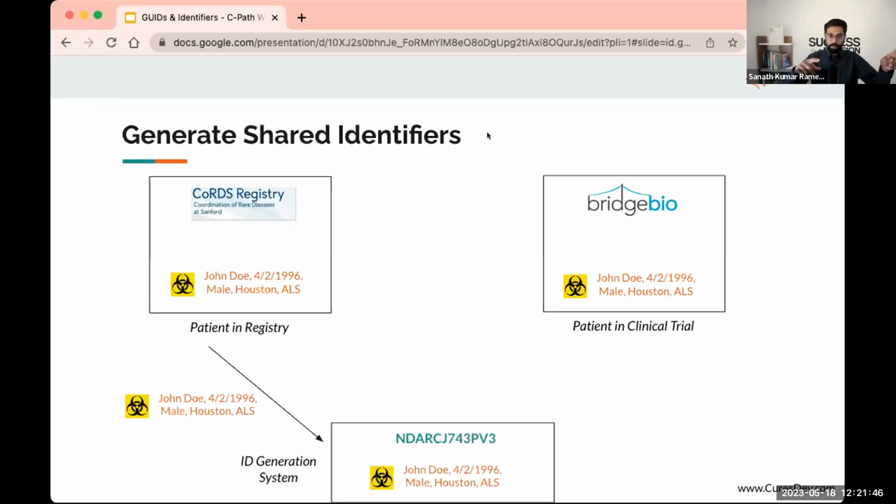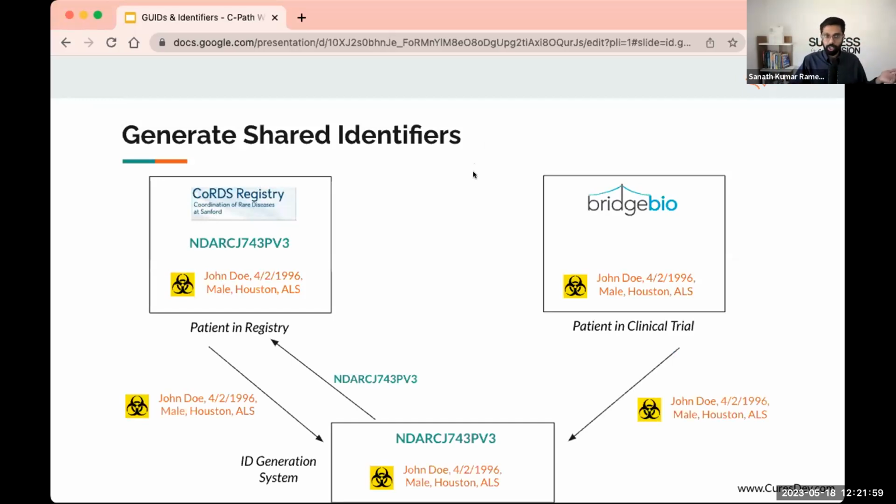The same patient gets the same ID, and that rule is enforced by the system, and it returns the ID back to the registry, and the registry stores the ID in the database. The same is the case with the clinical trials database. They send the patient information, they get an ID back, the same ID, same person, same ID rule is implemented here, and they store the ID in the database.